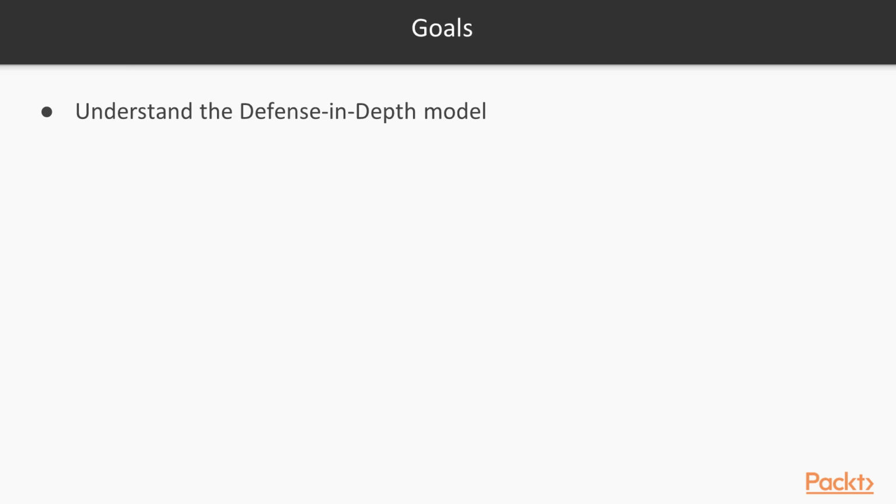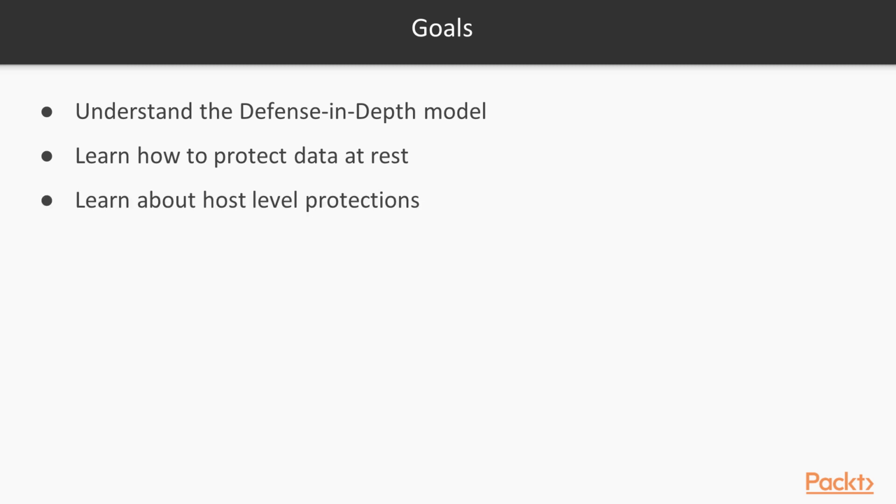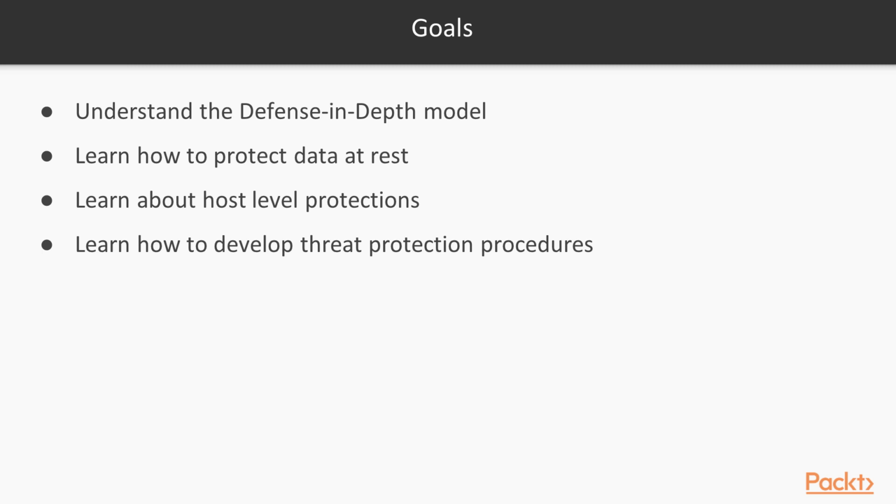The goals for this course are, first, to learn about the Defense in Depth model and how it is used to plan and implement security best practices, to learn how to protect data at rest using disk and file level encryption, to learn about the host level protections, including Windows Defender, local policies, and Windows Firewall, to learn how to develop threat protection procedures using the Operations Management Suite, to learn about the principle of least privilege and how just-in-time and just enough administration can be part of this practice.